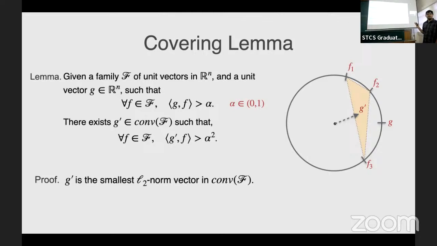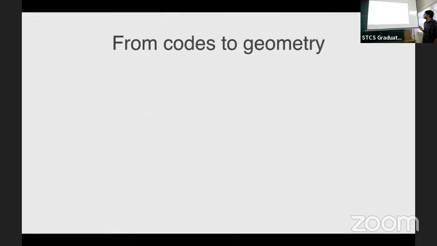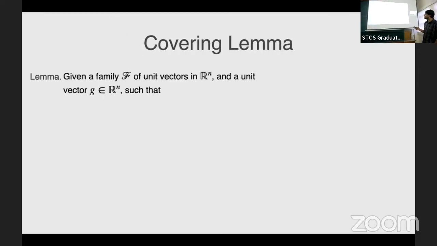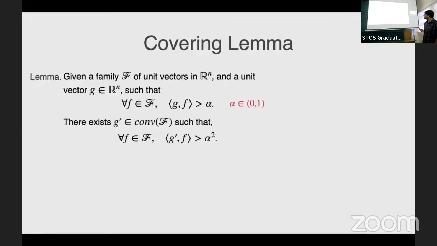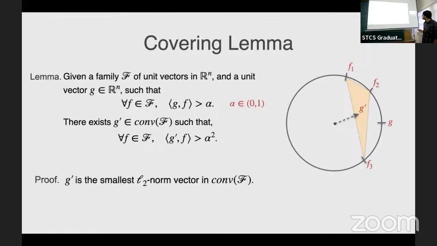Is the statement clear? Okay. Let's try to use this. Yeah, I mean, I've seen this before. So suppose you pick the G prime within the convex hull that has the smallest norm. Yes.